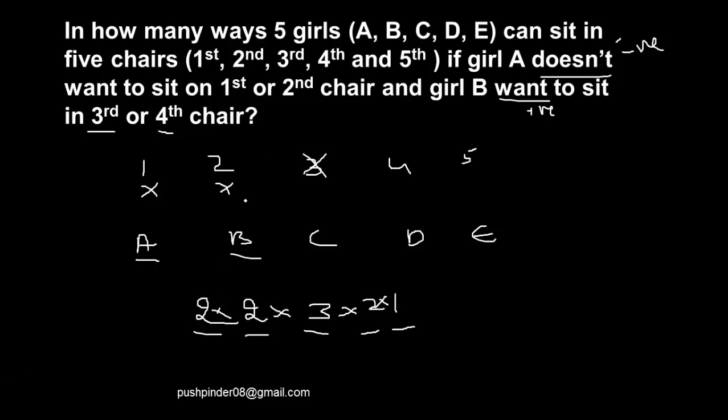Now girl A does not want to sit on the first or second chair, and the third has already been taken. That means there are 2 choices left for girl A. Now there are 3 girls and 3 chairs left, so the answer would be 3 factorial into 4, right? We're going in a structured manner, that's why it must be looking very simple for you.